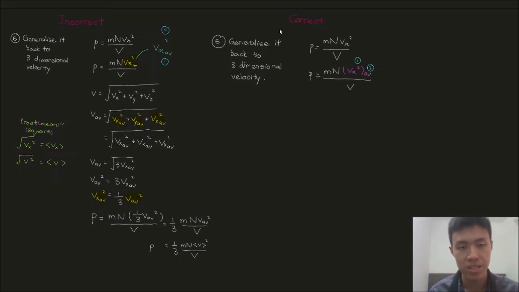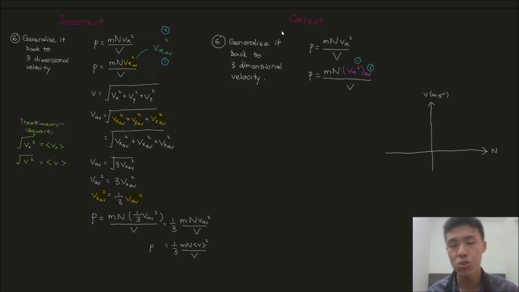Why is it different? If you draw a graph, let's say this is the velocity in m/s, and this is the number of particles having that particular velocity. So you use something called the Maxwell-Boltzmann distribution, in our syllabus.